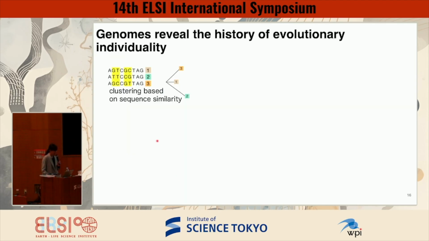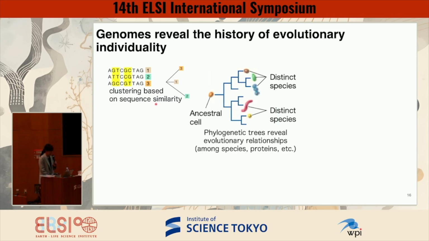In this slide, I show how genomic information helps us understand evolutionary processes. First, by comparing genome or protein sequences, we can cluster organisms based on sequence similarity. This allows us to identify groups of related species or proteins. Using these similarities, we can construct phylogenetic trees, which represent evolutionary relationships among species, proteins, or metabolic functions.